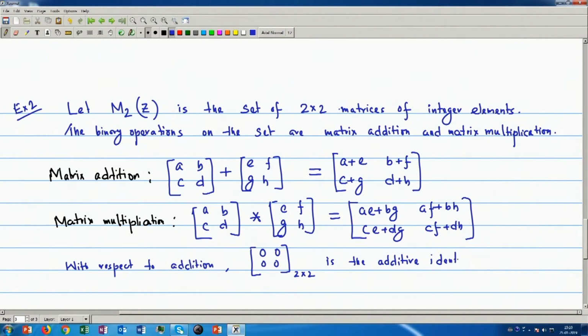So, this is the additive identity. Then what is the additive inverse?